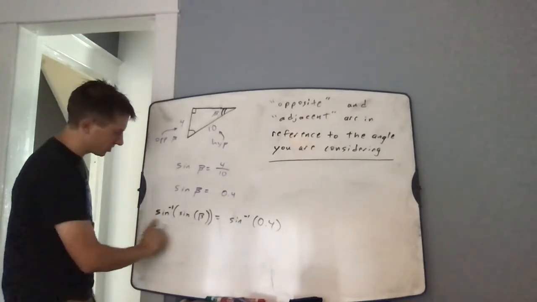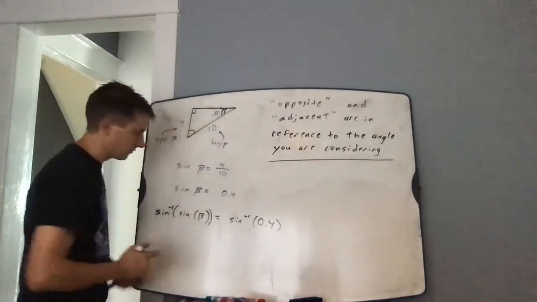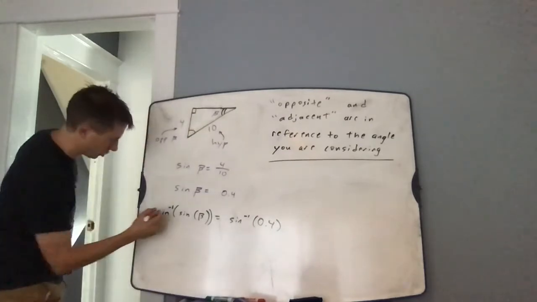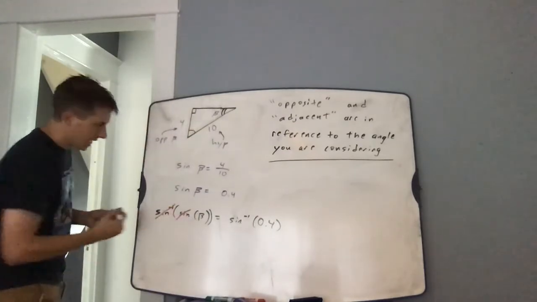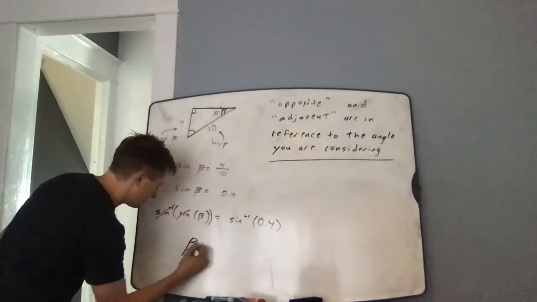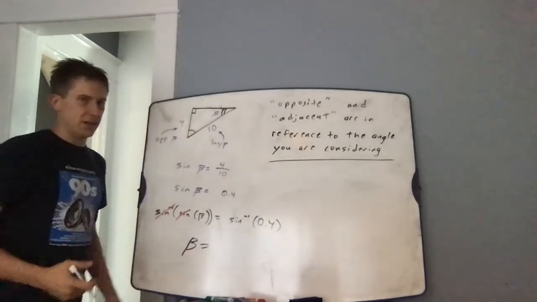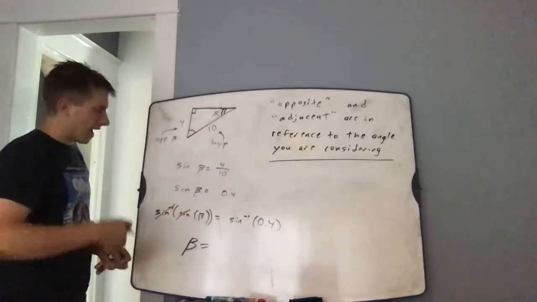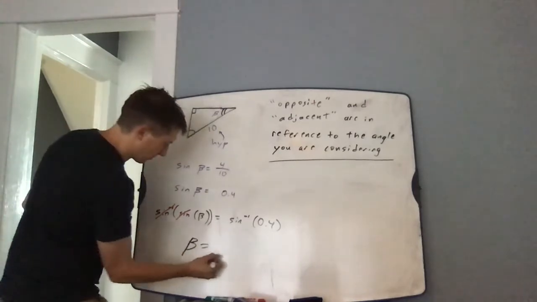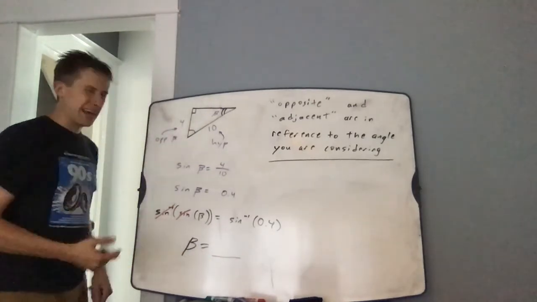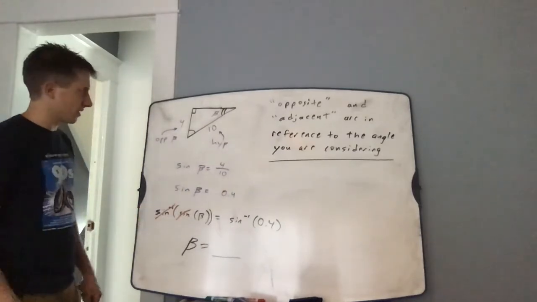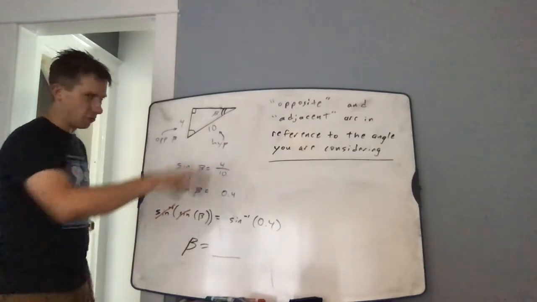I did sine inverse to the left side, I have to do sine inverse to the right side. Now, sine inverse will cancel with regular sine, and all that's left on the left-hand side is beta. Sine inverse on the right-hand side, I plug it in a calculator, I hit enter, and I will get some number. Off the top of my head, I don't know what that is going to be. We'll say it's going to be something like 35 or whatever. I get some number.